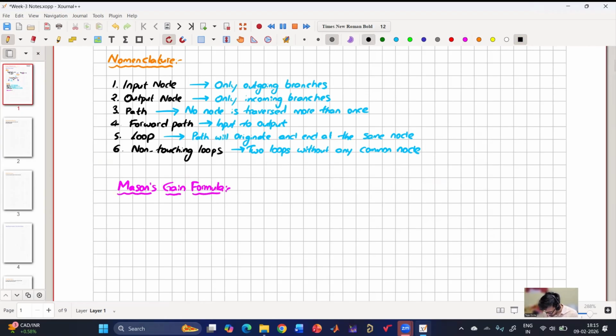So the overall gain or the transfer function is sigma k equals 1 to n, P k delta k, by delta. So this is the formula. Let us see which term corresponds to what.